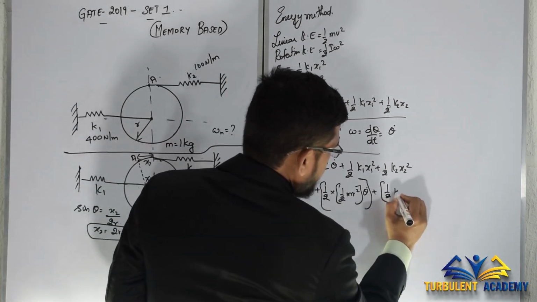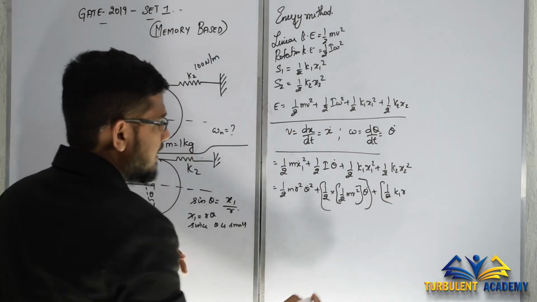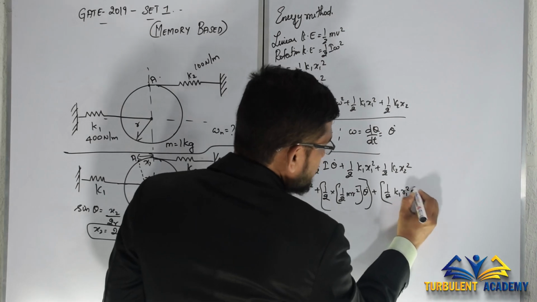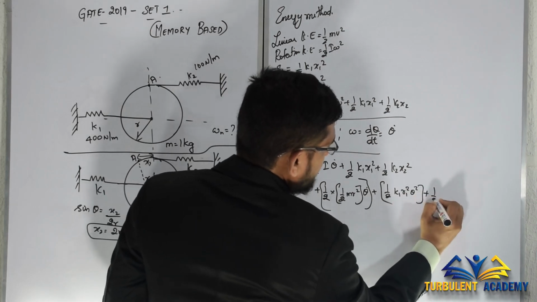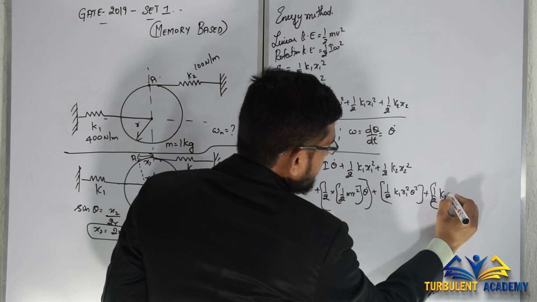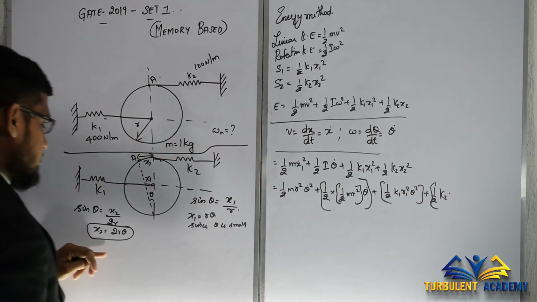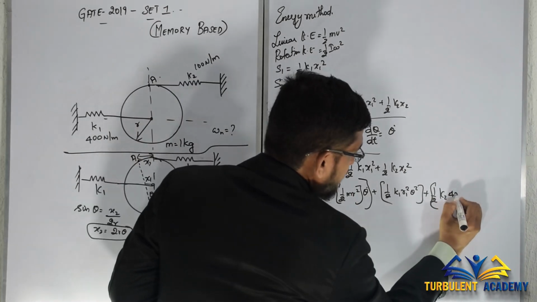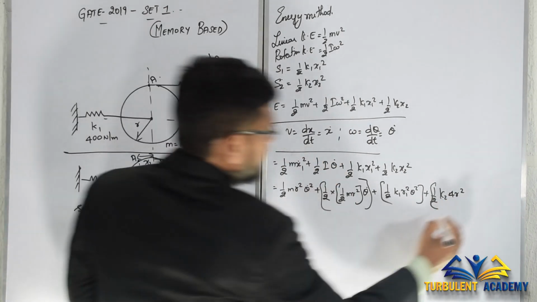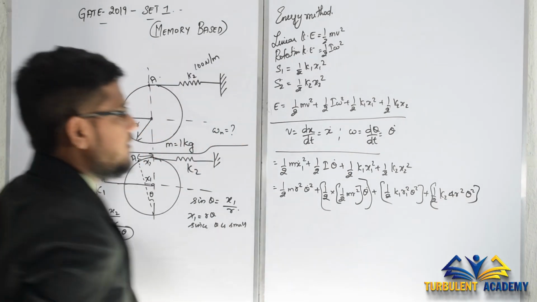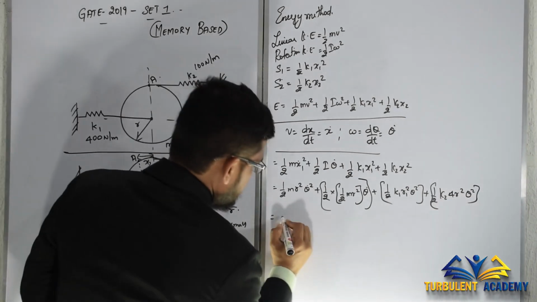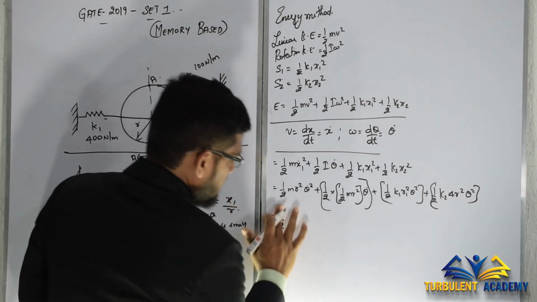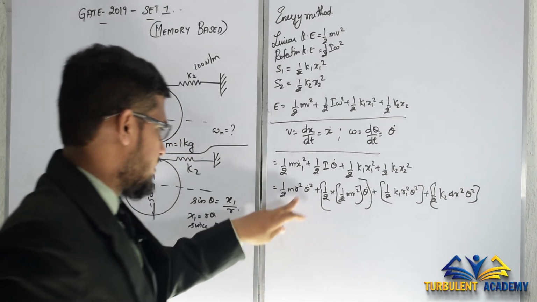So 1 by 2 k1 x1 is going to be r1 square theta square. So again 1 by 2 k2, so x2 is 2r theta. So 2r theta is going to be 4r square theta square. Okay, now just solve this. 1 by 2 this is 1 by 2 mr square theta dot square.